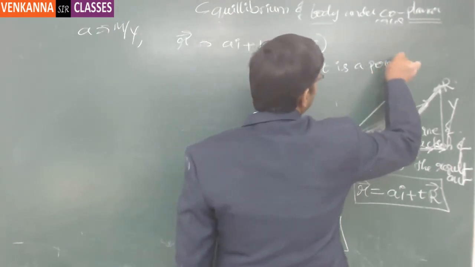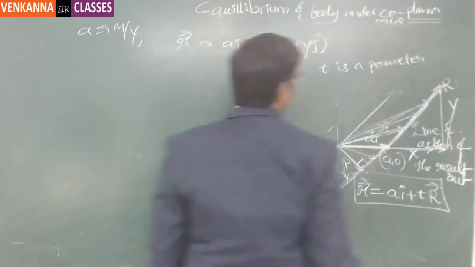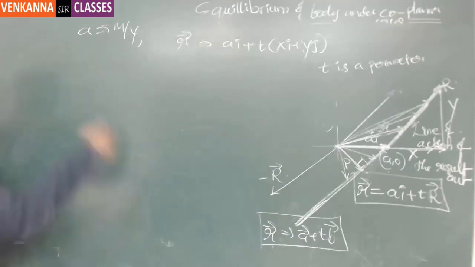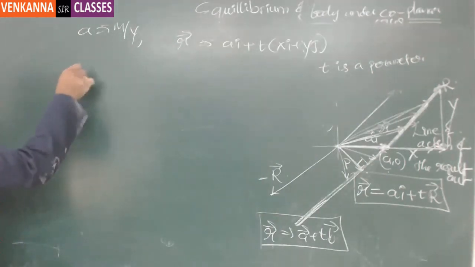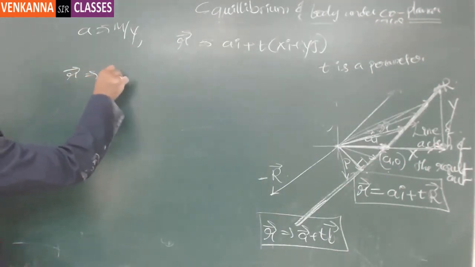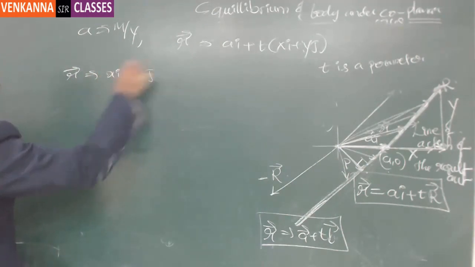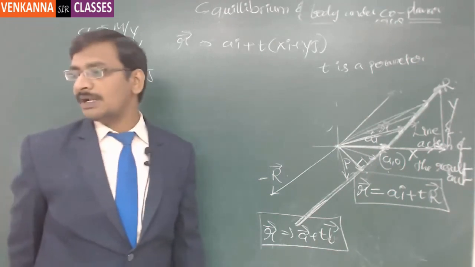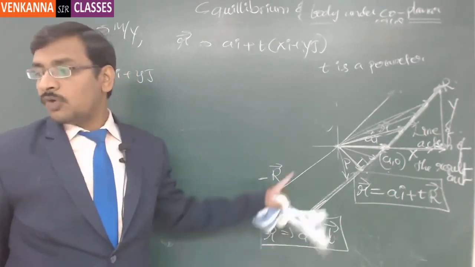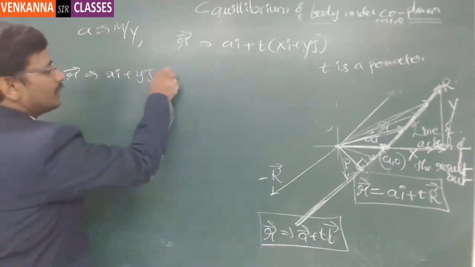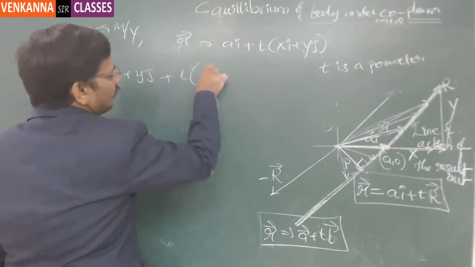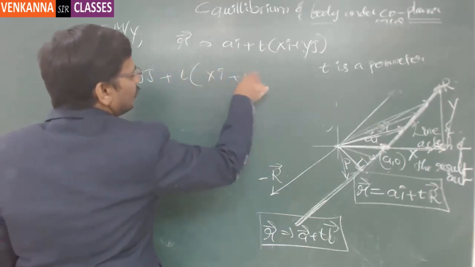This parameter will decide where the point will be. Now here, if you replace that, R is equal to xi plus yj. So this is the position vector. Small x and small y are the position coordinates, and capital X and capital Y are the force components. Got it? Plus t times (capital X into i plus capital Y into j).